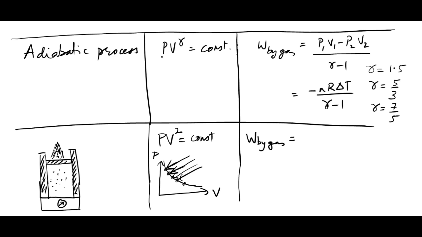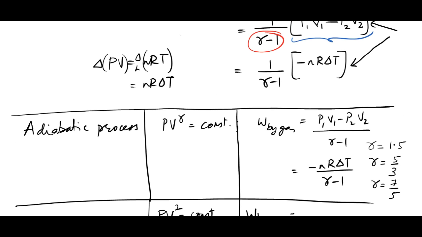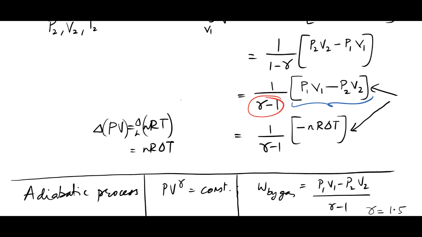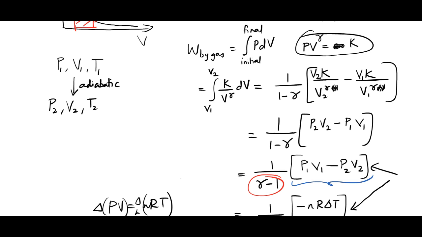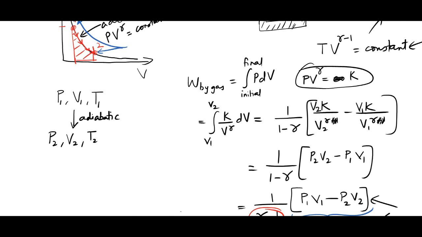You just compare PV raised to gamma is constant with PV squared is equal to constant, and go through the proof of the adiabatic work done, and you realize that in the proof we did not put any conditions on gamma. Gamma was just treated as some constant, Cp by Cv, fine, but the proof doesn't say that gamma should be Cp by Cv.